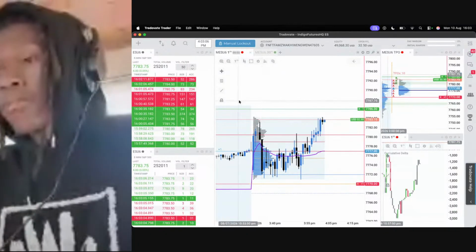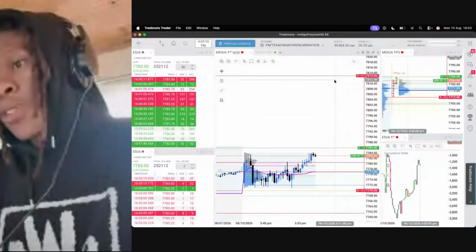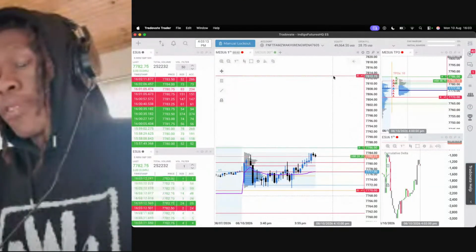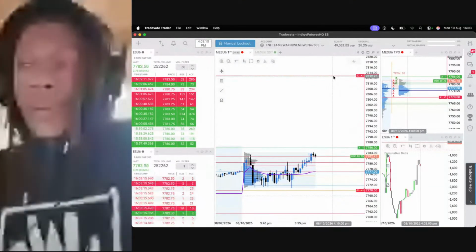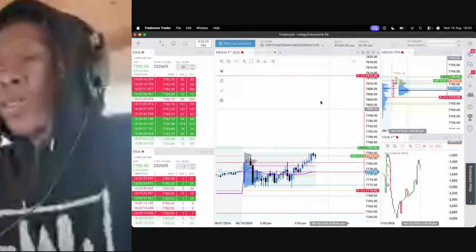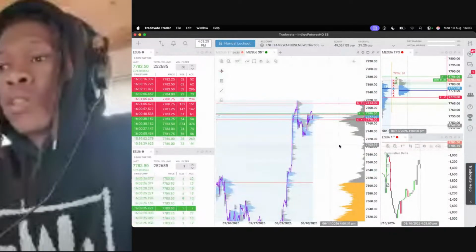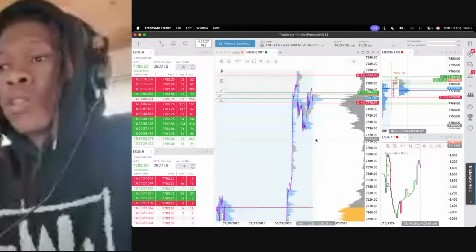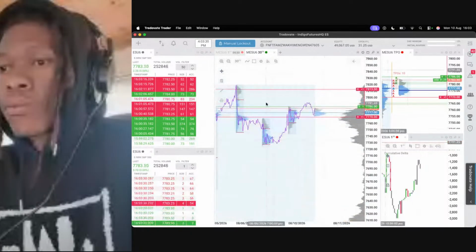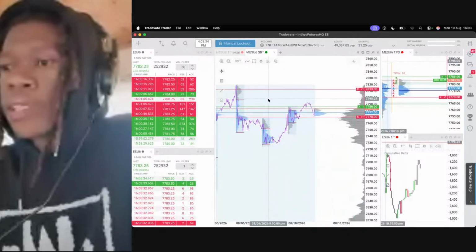Our target, even though it is kind of far, the next logical target would be the previous week value area high. So this is one of those where a little patience is going to be required. 796s, 800s.